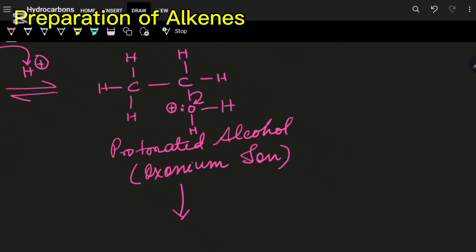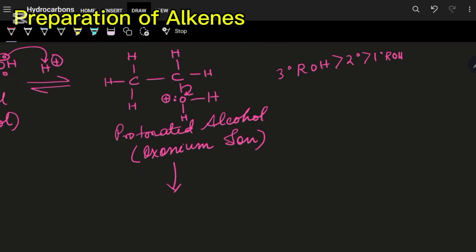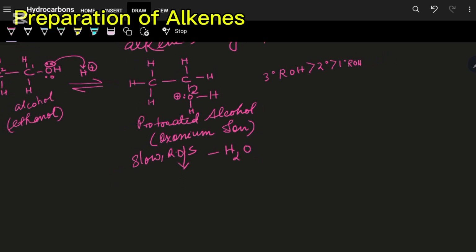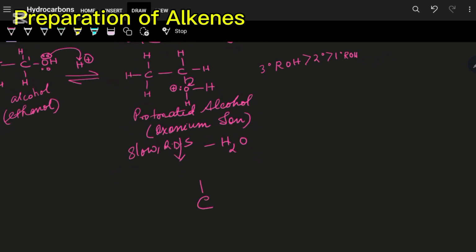Now this will be favorable if you start with a 3-degree alcohol, then a 2-degree, and then a 1-degree alcohol. The reason is that you are getting a carbocation here, and this step is your slow step, the RDS. After the removal of water, the dehydration minus H2O, you are going to get CH3 like this, and you will get CH2 plus.